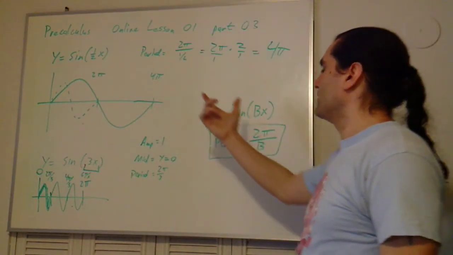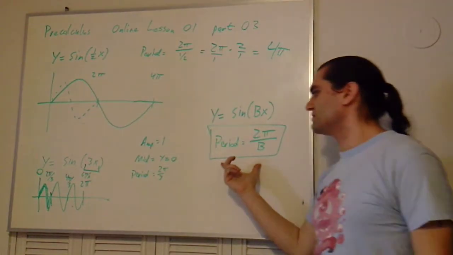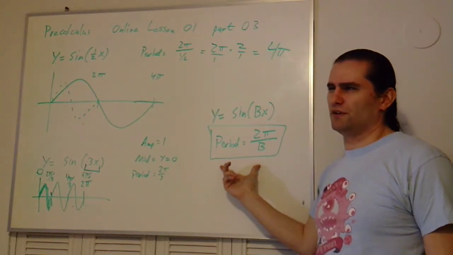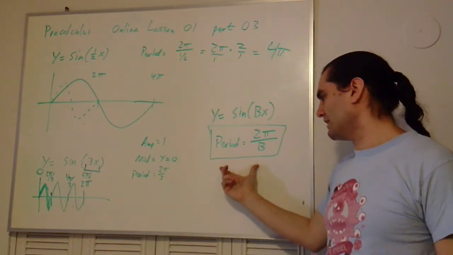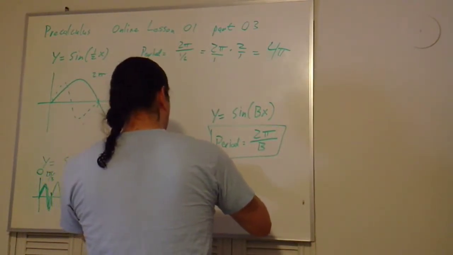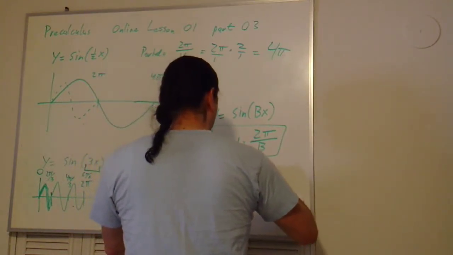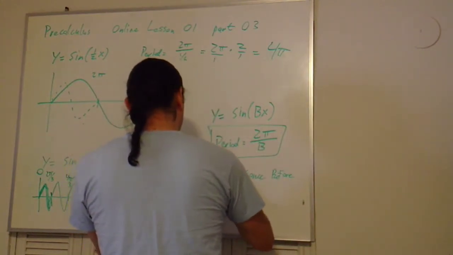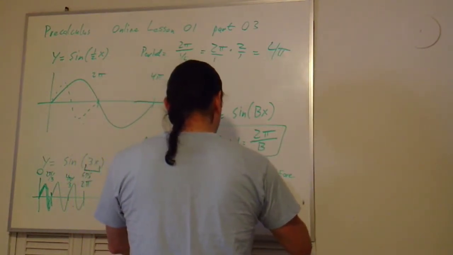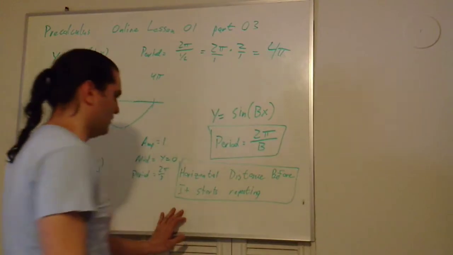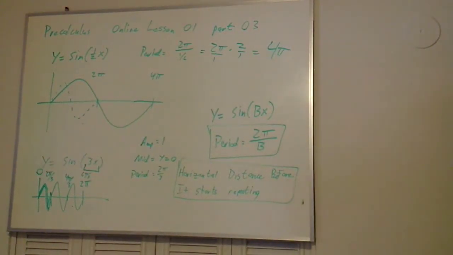We're going to talk about the period, which is the horizontal distance to complete one cycle. The horizontal distance before it starts repeating. That's the period.